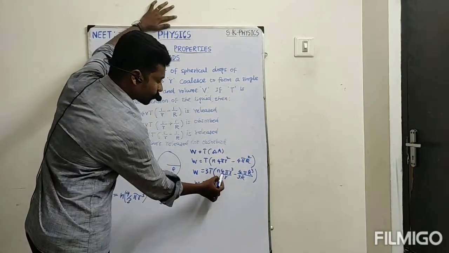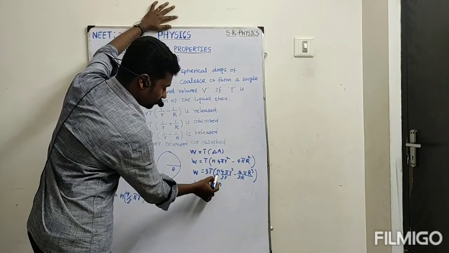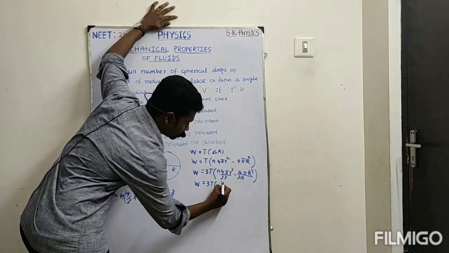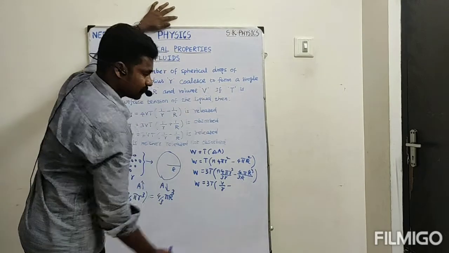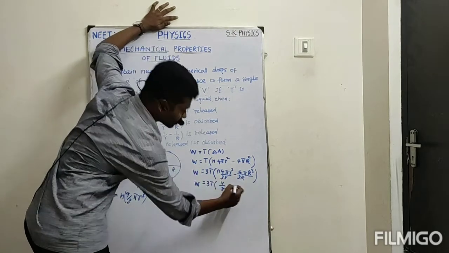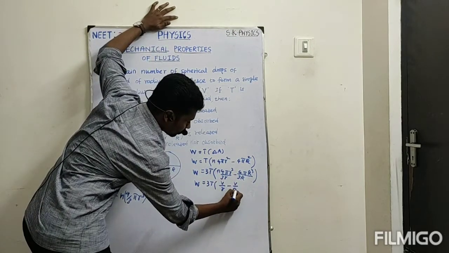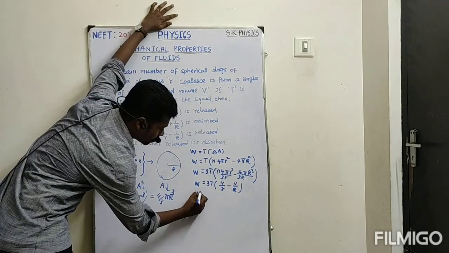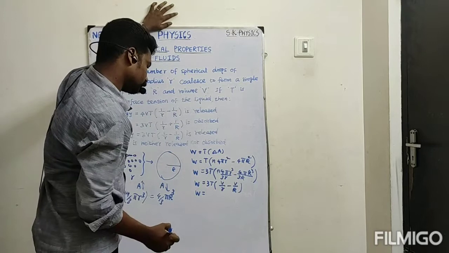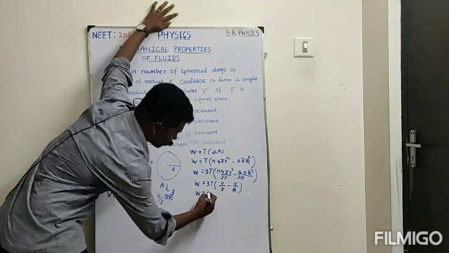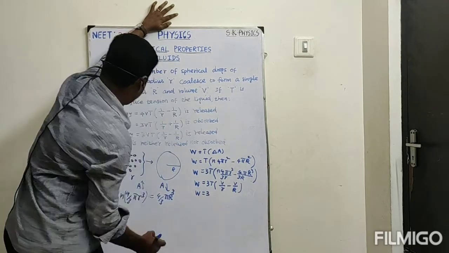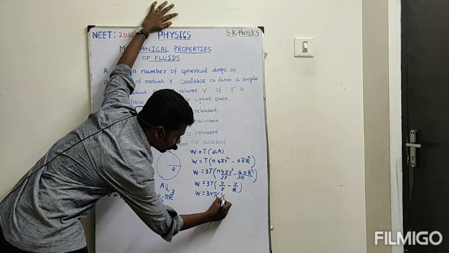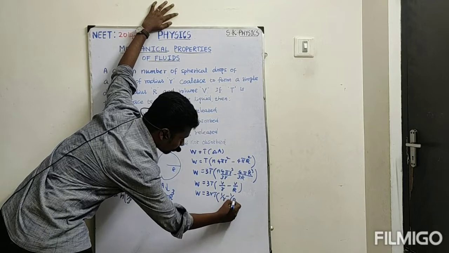So I can write 4 by 3 pi r cube into n, that is equal to V. So V by r minus again 4 by 3 pi R cube, that is also V, divided by capital R. So now we can say that the V value is common. So 3VT then 1 by small r minus 1 by capital R.